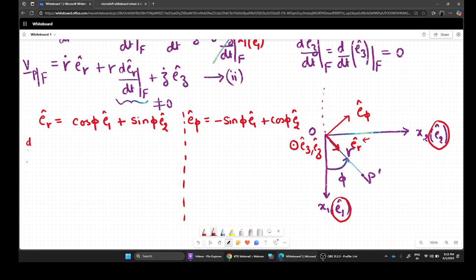Now let's take the time derivative of this vector with respect to f. Now note that E1 and E2 are frame fixed, so we don't need to explicitly write the expressions of dE1 dt or dE2 dt with respect to f.